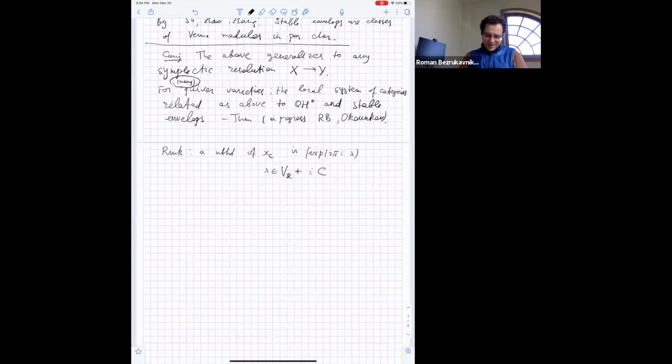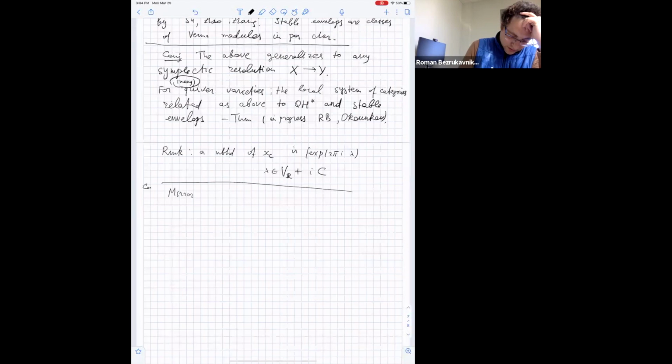So, yeah, the mirror dual family, say for T*G/B, is expected to be this family parameterized by regular semisimple conjugacy classes in the dual group. So let me write this. Conjecture.